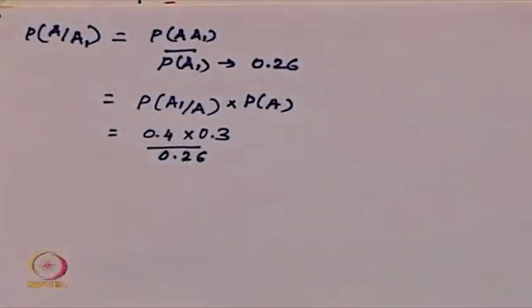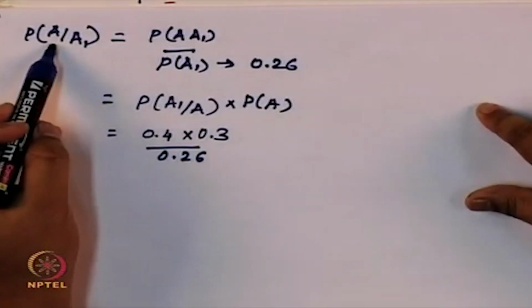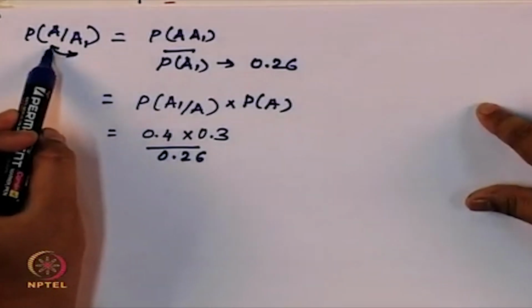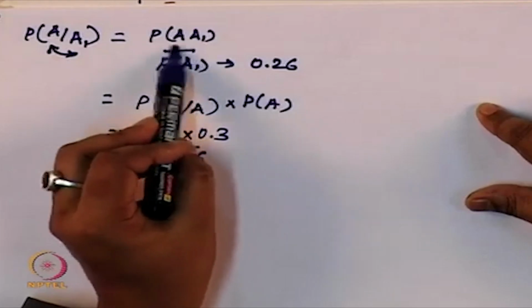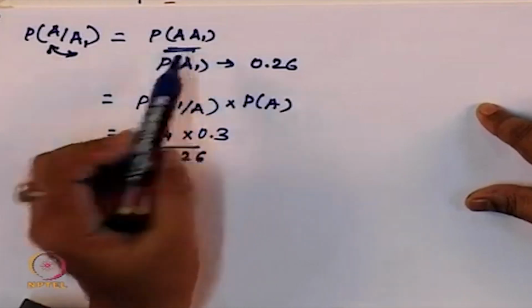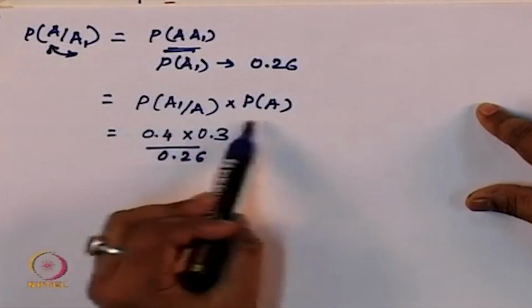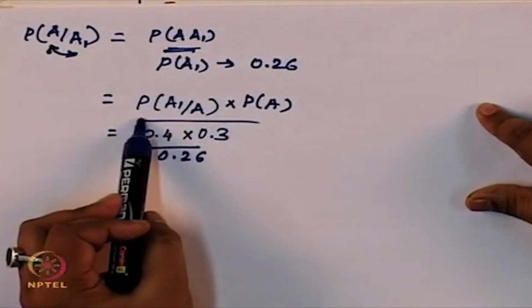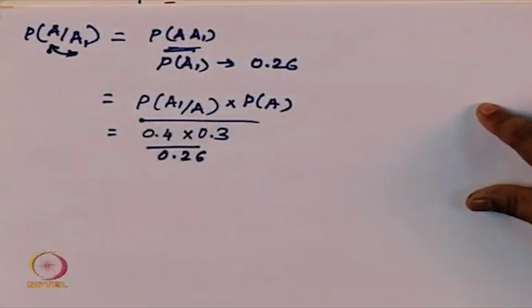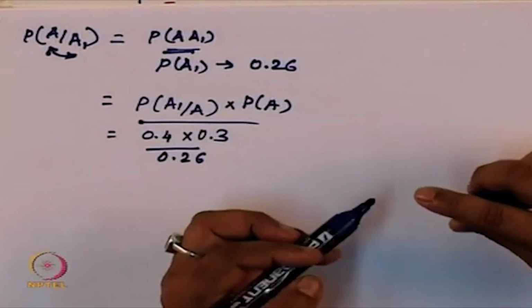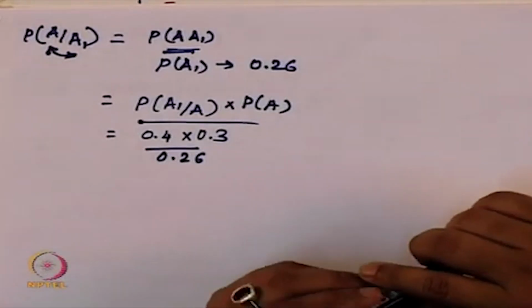So this is your final answer. In order to calculate the probability of A given A1, you can convert the joint or intersection probability into a reverse conditional probability statement of A1 given A, and into the probability of A. So this is how you can change the extent of conditioning of your statement.